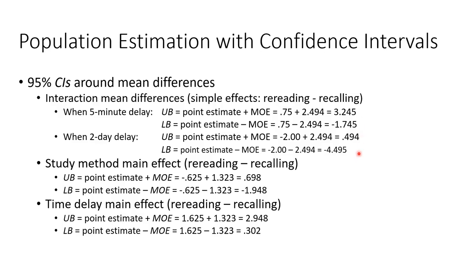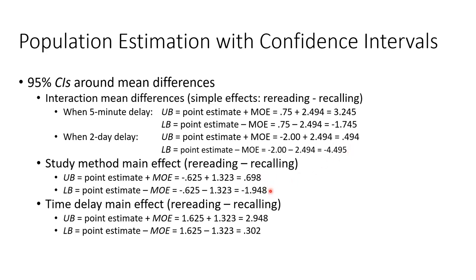And we can do a similar interpretation for a 2-day delay, very wide range. It could be a benefit for rereading, or it could be a benefit for recalling. It just really depends on the sample size here. It's very wide. So again, you want to be very cautious when you interpret this.